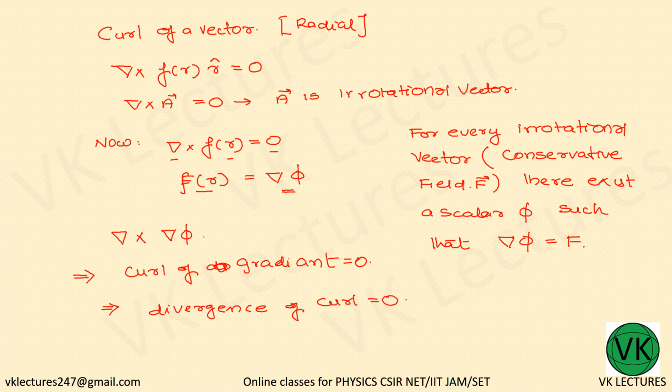This is the first one that we have written over here, and divergence of a curl means del dot del cross a. So this will be equal to 0 because del cross a will always be perpendicular to this gradient.